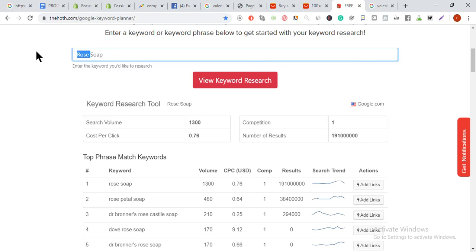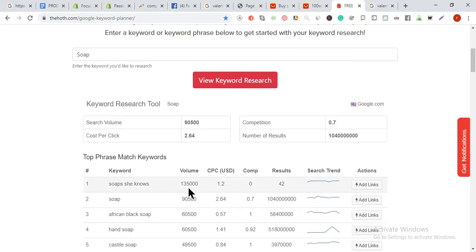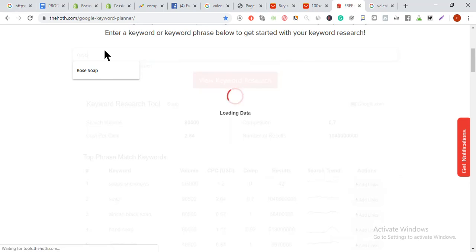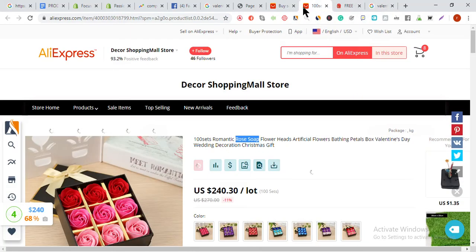But if you're going to just put soap alone, the search volume will be a lot higher. It's general. Or let's just say rose. Same thing, because it's not specific. It's too general. It's too broad.